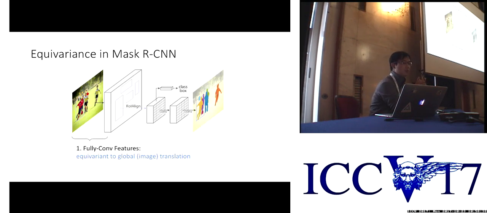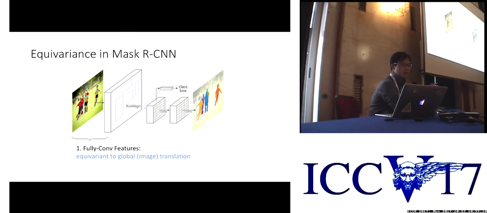Next, I'm going to discuss the equivariance which has been built into the Mask R-CNN framework. The first very simple equivariance is just caused by the fully convolutional feature maps. Fully convolutional feature maps are kind of standard nowadays. You can see them in almost all the object detection systems such as Fast R-CNN, Faster R-CNN, RPN, SSD, or FPN.